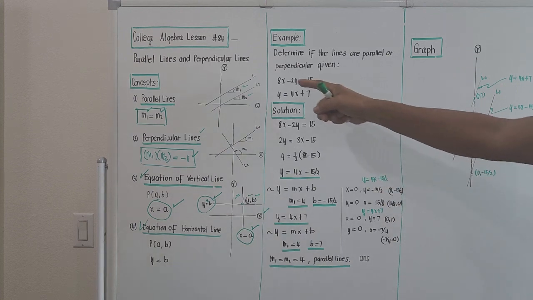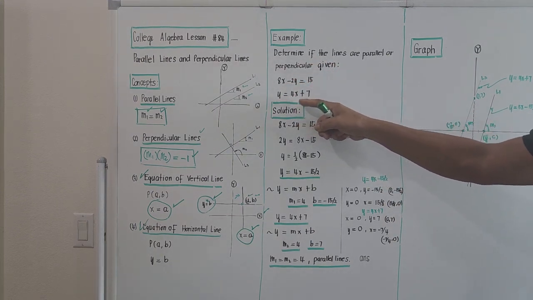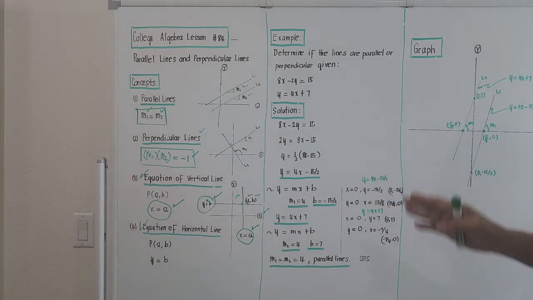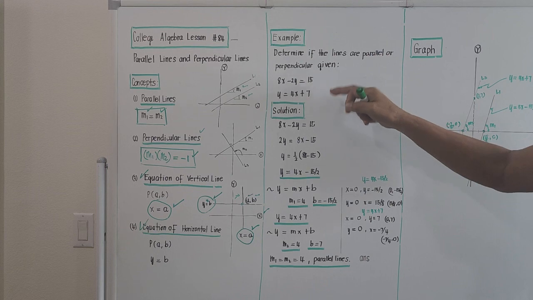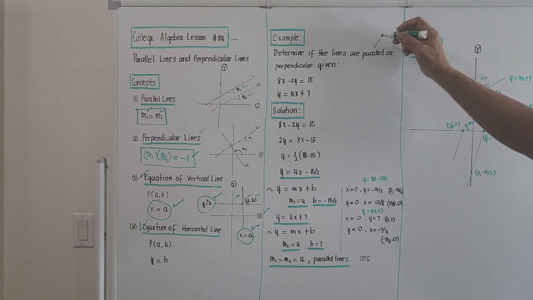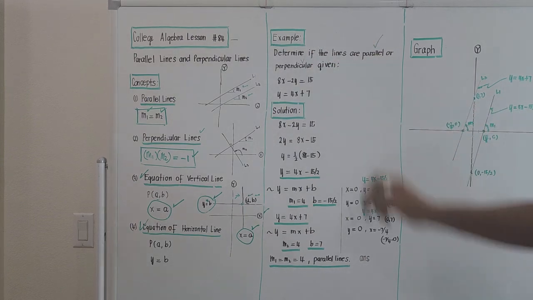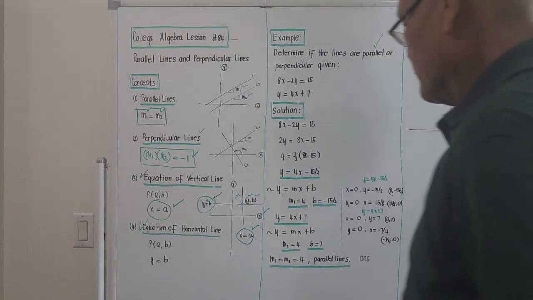Okay, 8x minus 2y is equal to 15, and y is equal to 4x plus 17. The problem is asking what's the relationship of the slopes of these two lines here. Will they be parallel or will they be perpendicular? Okay, let's try to bring out the proper solution of this one.